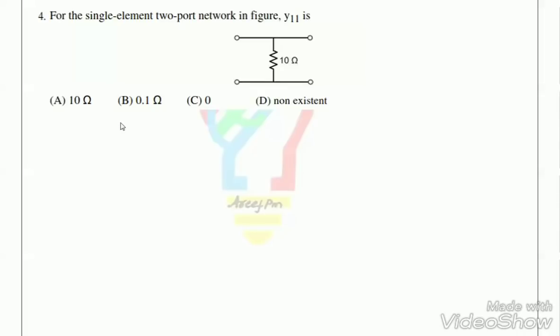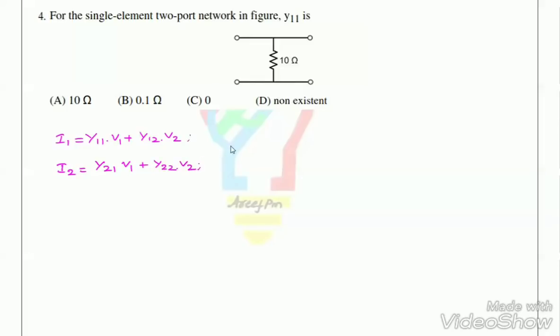So in the next question, for the single element two-port network shown in figure, Y11 is? Here it's a two-port network. The basic formula for Y parameters is I1 is equal to Y11 into V1 plus Y12 into V2, and similarly I2 is equal to Y21 into V1 plus Y22 into V2.